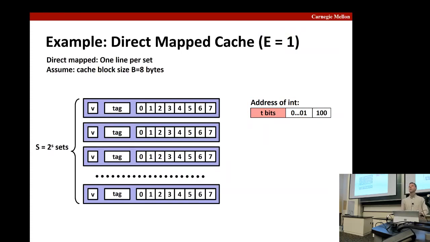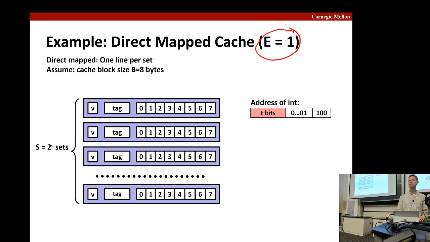Okay, so an extreme example that's popular for its simplicity, and so on, in less expensive settings or more power frugal settings, you may see a direct map cache. So that's the case where E equals 1.